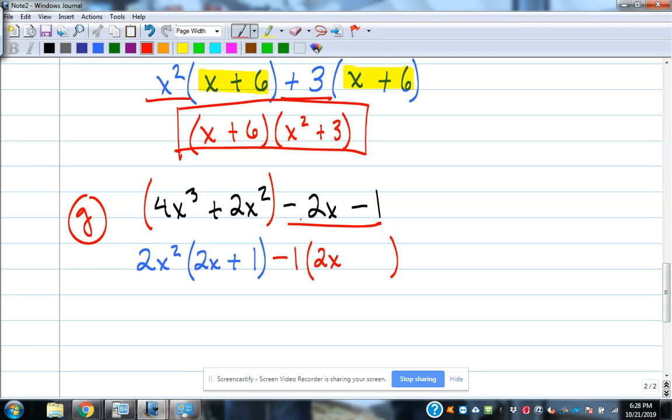Just 2x. What times negative 1 gets me negative 1? A positive 1. Now look at those parentheses. They match, don't they? If they don't, I've got problems. But because they do, that means things are working out good. Final answer: one factor is the matching parenthesis. The other factor is the stuff out in front of them.